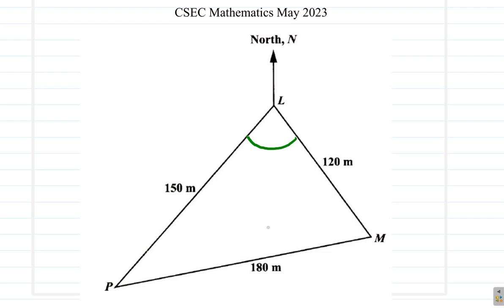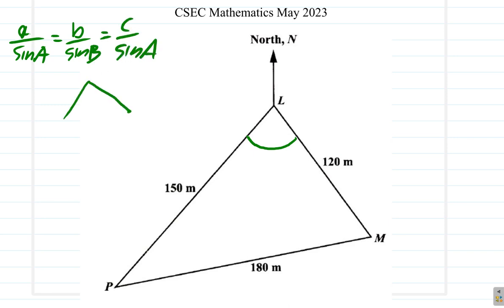Now, remember what the sine rule says: side a over the sine of the angle opposite to it, sin A, equals b over sin B equals c over sin C. And that applies to a triangle where the angles are big A, big B, big C, and the sides opposite are in lowercase, small a, small b, small c.